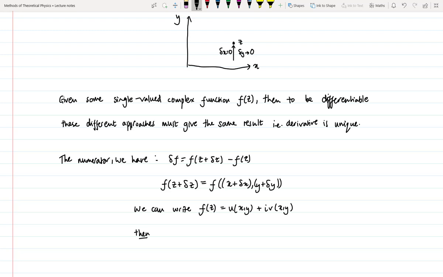So combining these two lines, we then have that f of z plus delta z is given by u of x plus delta x, y plus delta y, plus i v of x plus delta x, y plus delta y.